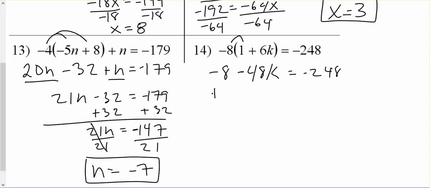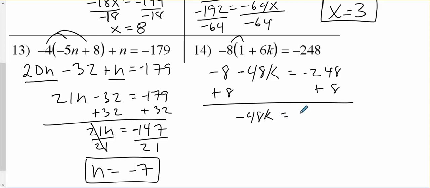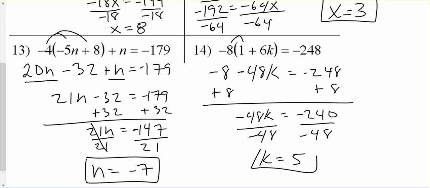We're going to add 8, negative 48k equals negative 240. Divide by negative 48, and we get k equals 5.